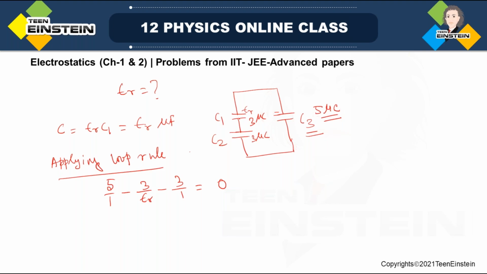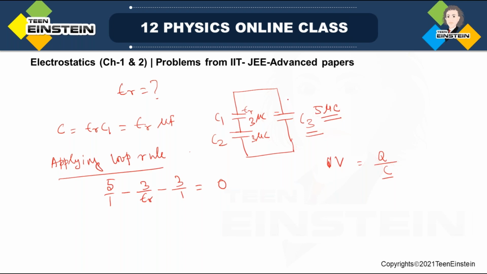What does it mean? CV is equal to Q, so V will be Q by C. Now you can think of C3 as a battery.